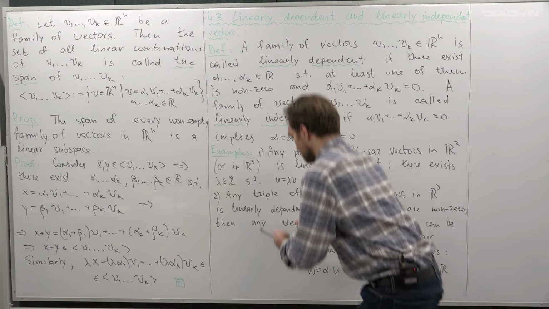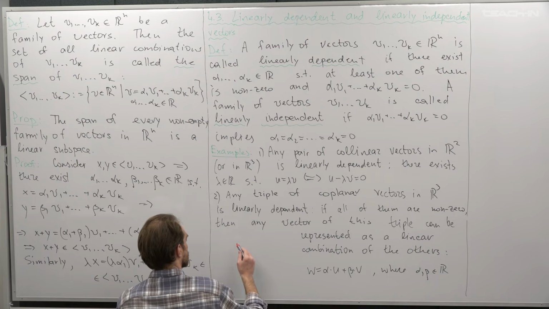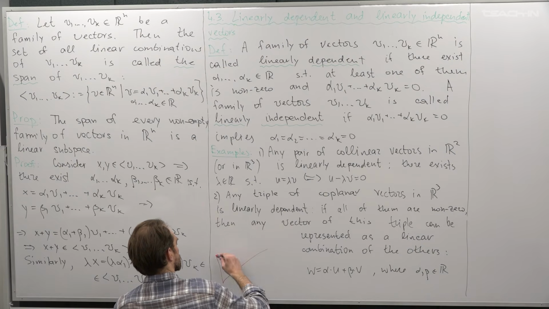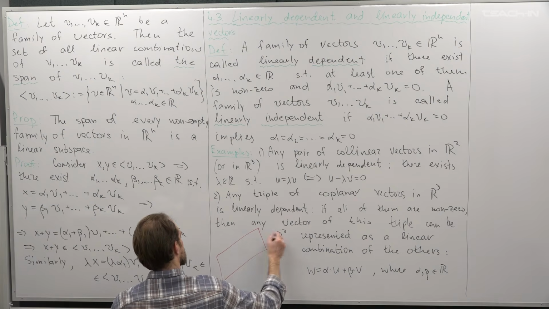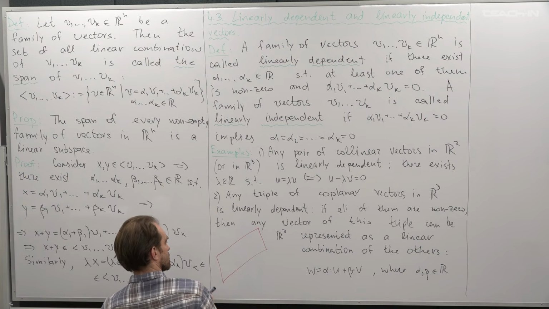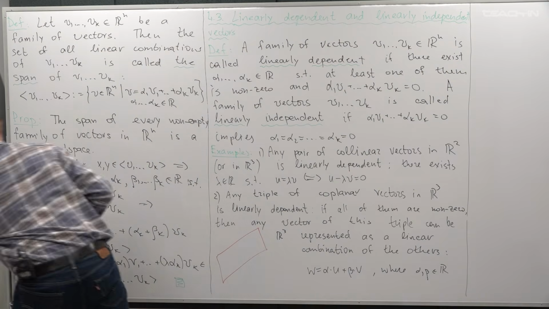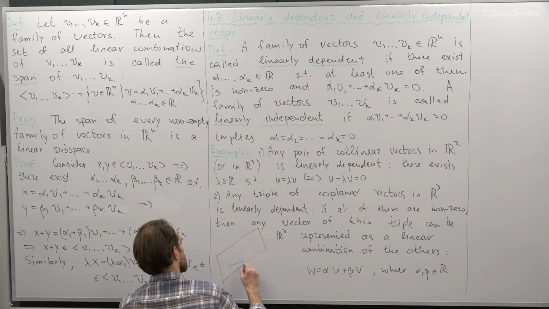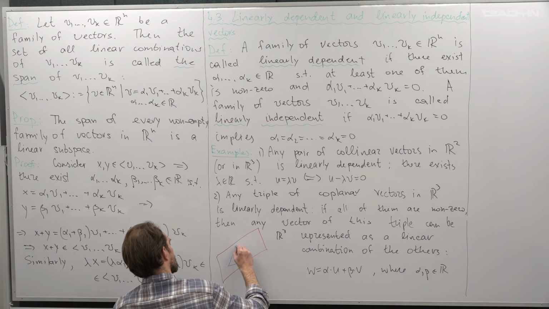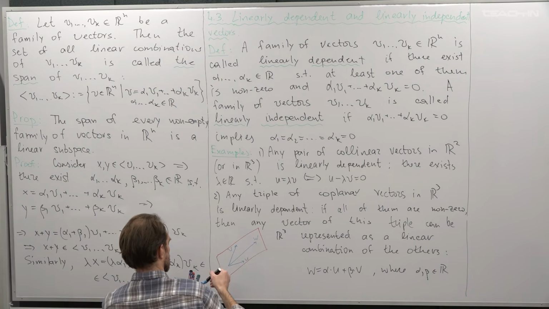So geometrically this looks like this. I'll just consider some plane in three-dimensional space, and so I have three non-zero vectors there: u, v, and w.